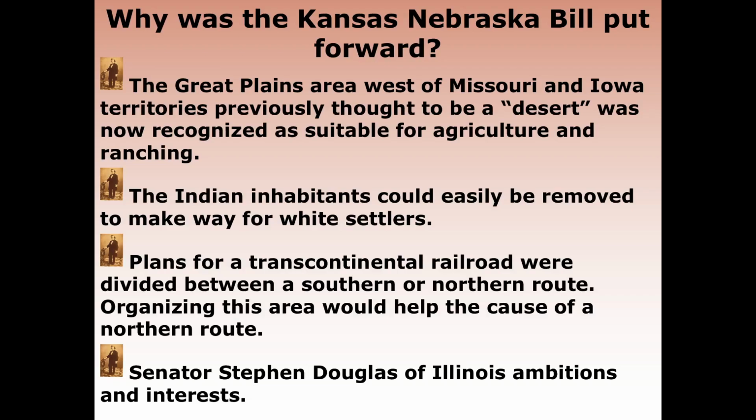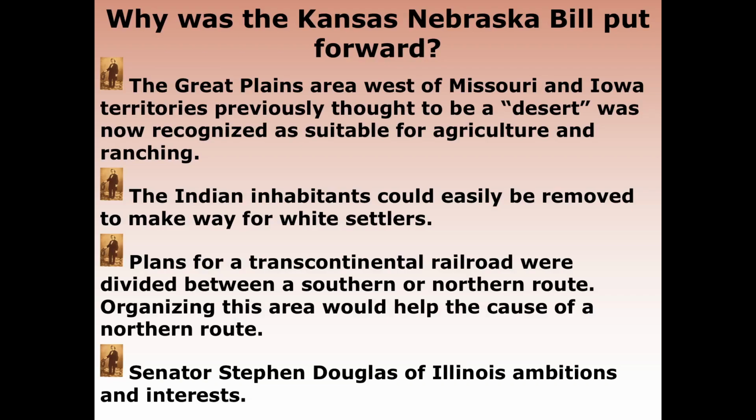People thought this area of the Great Plains was more like a desert. This is flat land, hardly any trees. But now with new farming inventions, we talked about some of these during the market revolution, the steel plow, the mechanical reaper, stuff like that is going to make it easier to farm in this area.